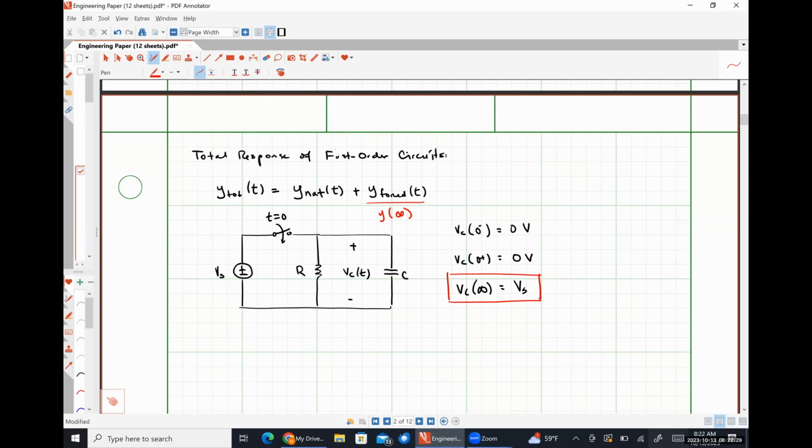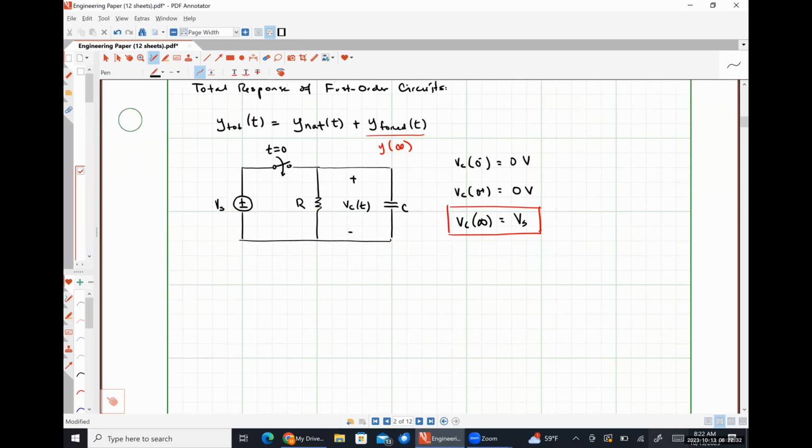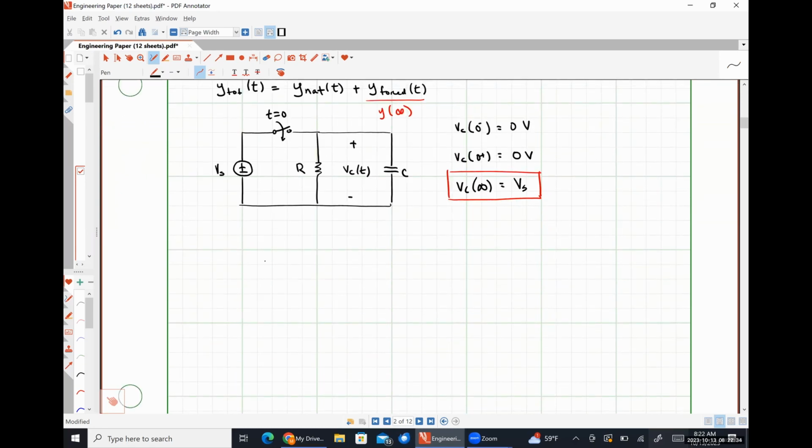So if we were to modify our generic equation, and I'm telling you right now, there is going to be a slight error in this that we're going to have to fix, so maybe don't write everything down just yet.